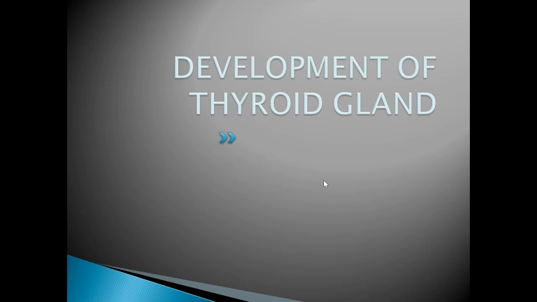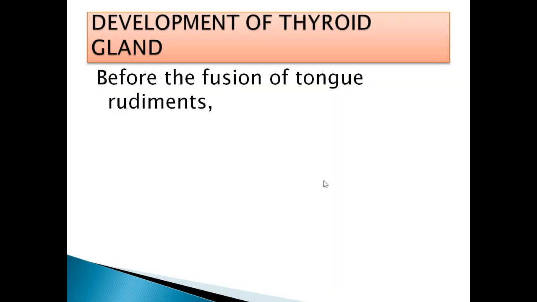Now we will move on to the next topic in this class: development of the thyroid gland. This thyroid gland also develops in the floor of the primitive pharynx. We have been told in the beginning.